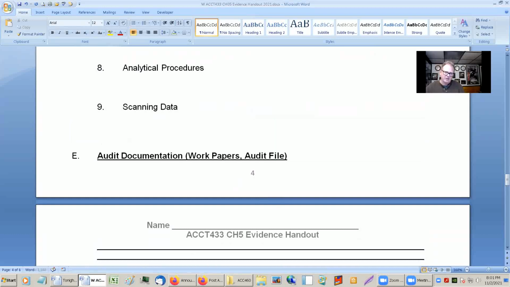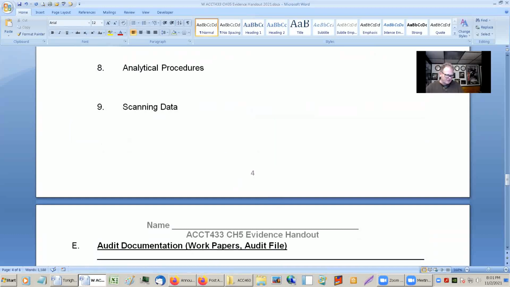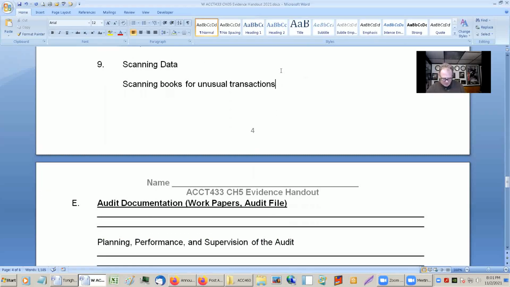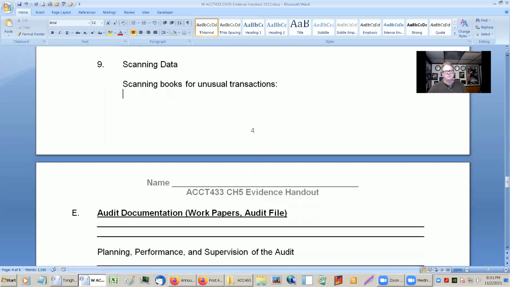So we're scanning for data. One of the things that you'll end up doing is scanning the books. Unusual transactions. And what do we mean by that?